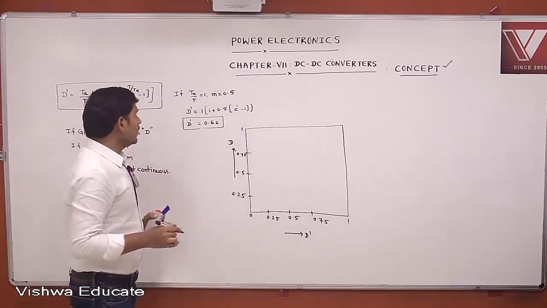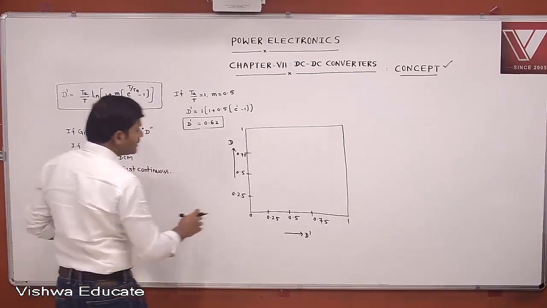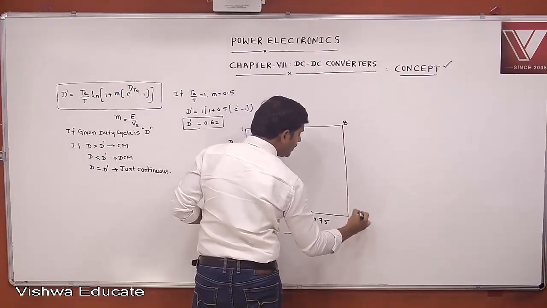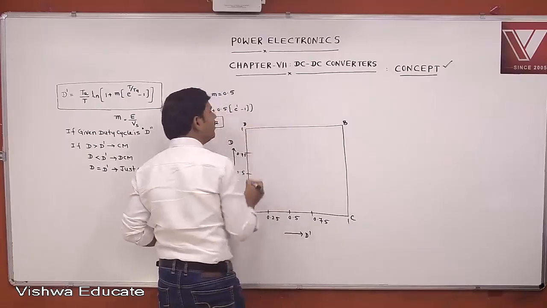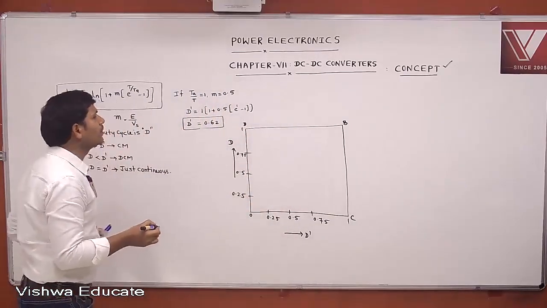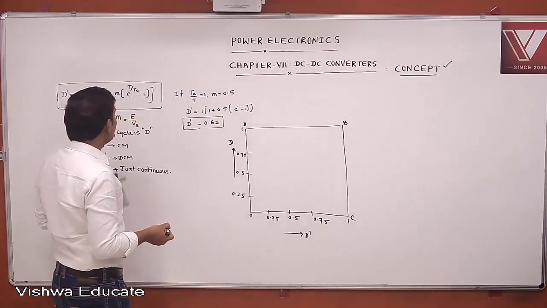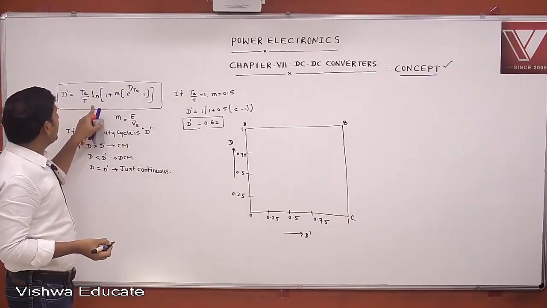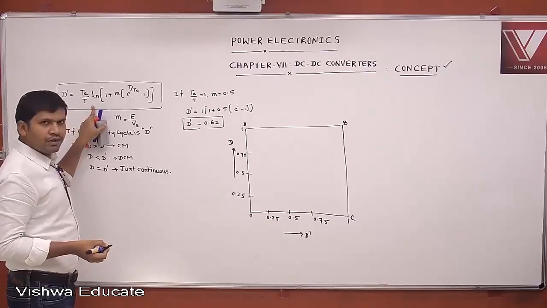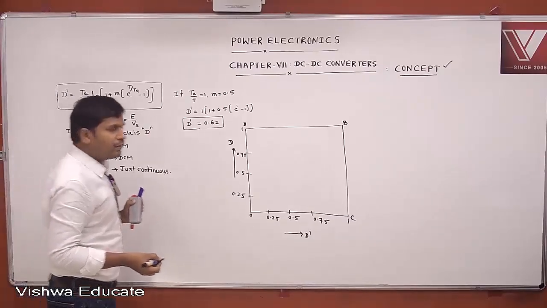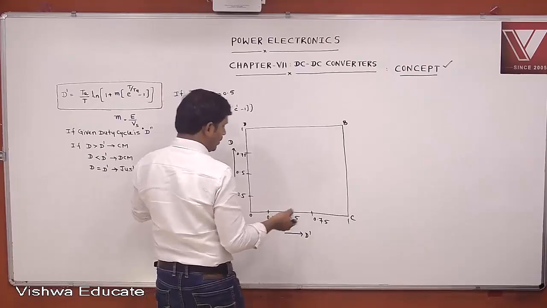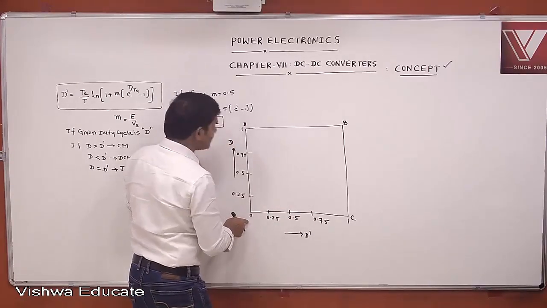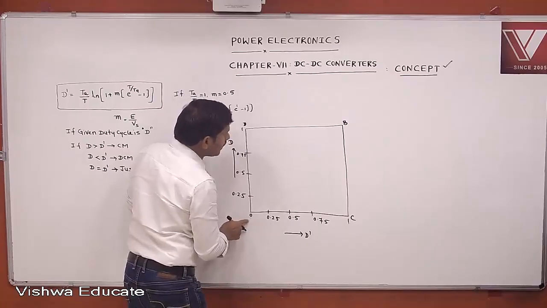Then let this be O, let this be B, this be C, and this be D, because I want to tell the regions of operation. If you take Ta by T equal to 0, then we can get the curve like this. This is D dash equal to 0.